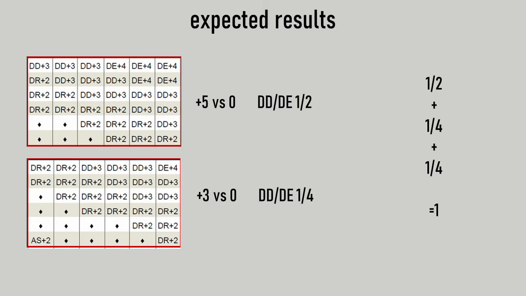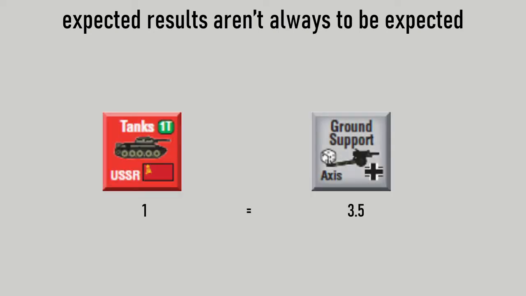But expected results can be a misleading tool in the right circumstances. So take this example, the tank counters and the ground support. Tanks and ground support work differently in unconditional surrender. There are actually specific situations in which ground support, which is used by minor allies, is better than tanks, which are used by the major powers.